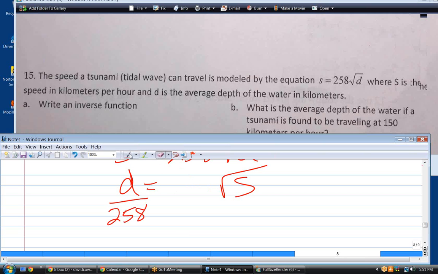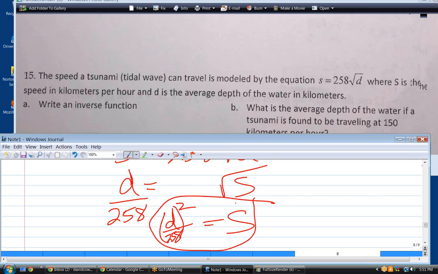So it'd be D over 258 equals the square root of S. Okay, now what? Then you square both sides. Okay, so S is equal to D over 258 quantity squared. And there's your inverse function.